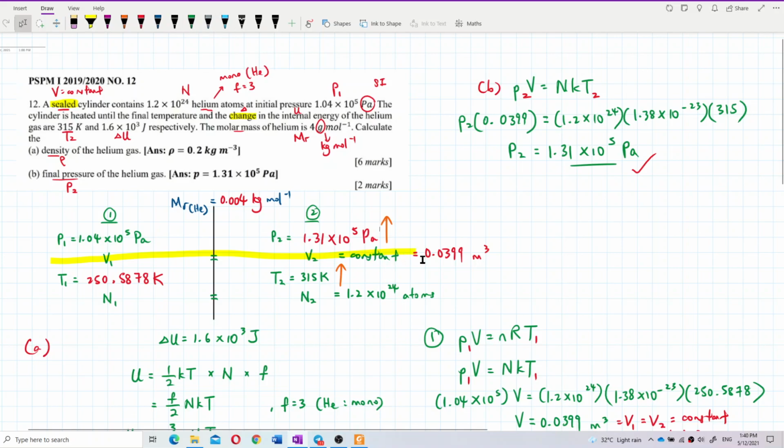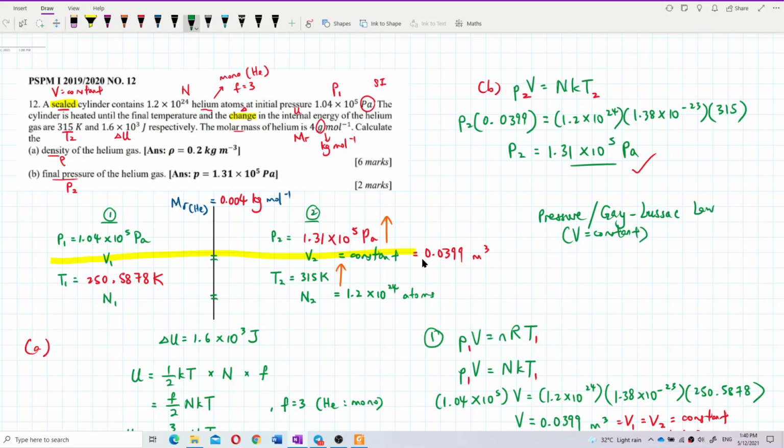Since the volume is constant, we say it's Gay-Lussac's law. This is for the volume constant concept, isochoric. Or we can use the formula P1/T1 equal to P2/T2. When we heat up the gas, the temperature increases, and the pressure of the gas also increases.